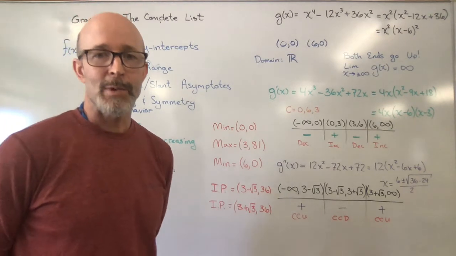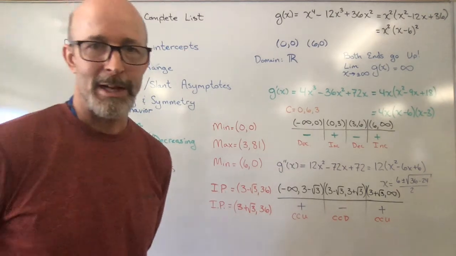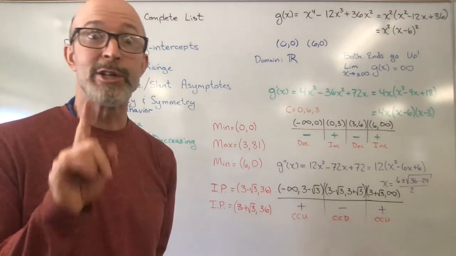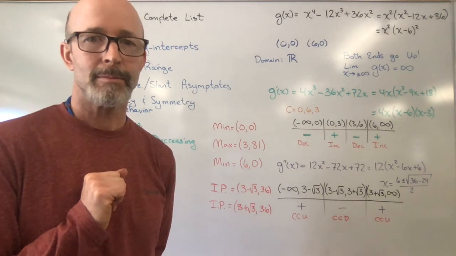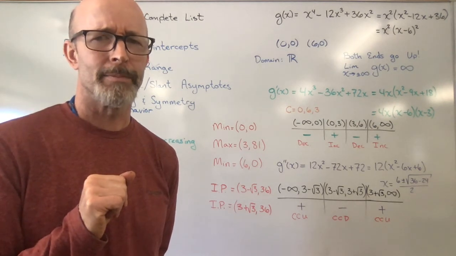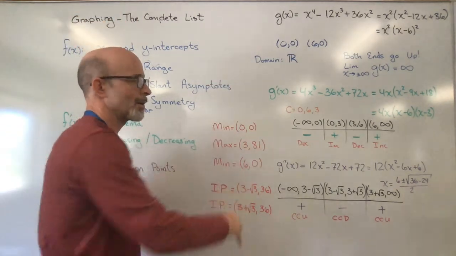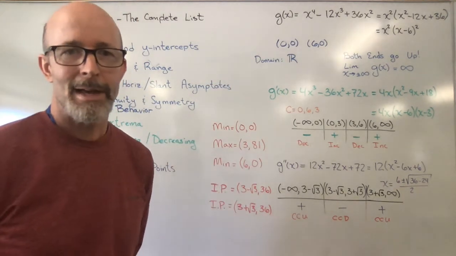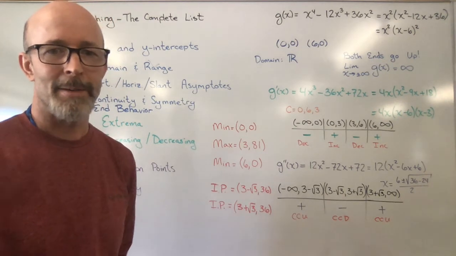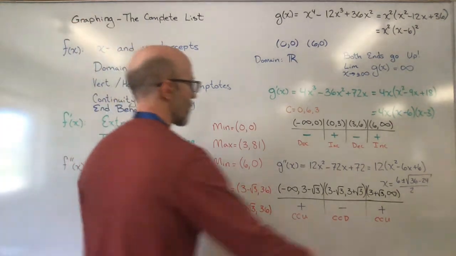But now we have enough information to put this together, and I'll show you what the graph looks like in just a few seconds. I want to show you an interesting trick. If you are trying to gain all of this information here, I can save you just a little bit of time. Watch this.